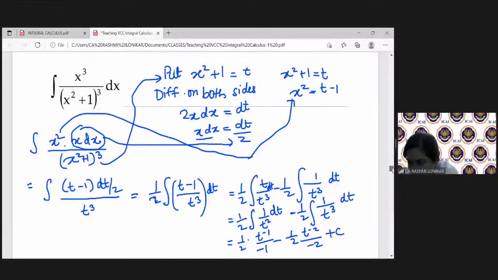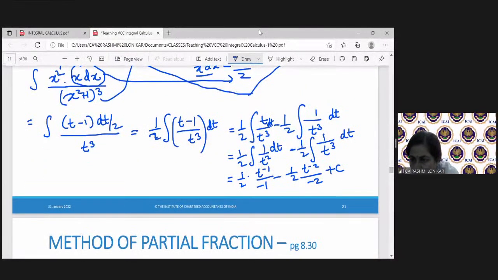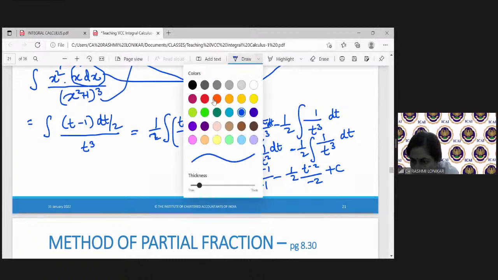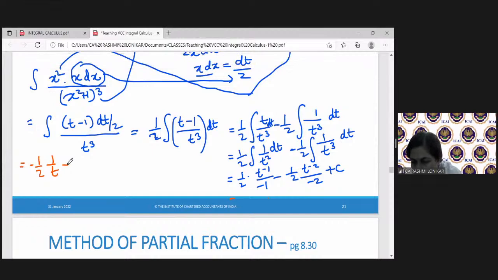So what will I get as the answer? Let me write it over here. This is equal to minus 1 by 2, 1 upon t. And this is equal to minus 1 by 4, so minus into minus will become plus, 1 upon t square plus c.